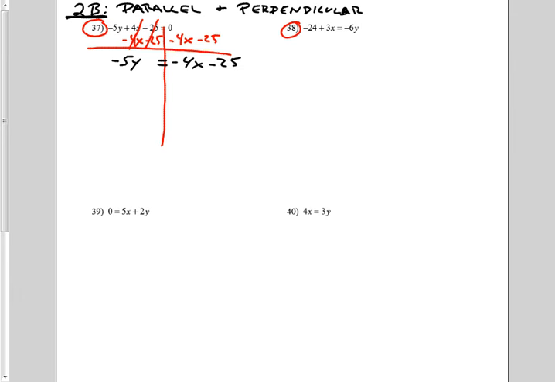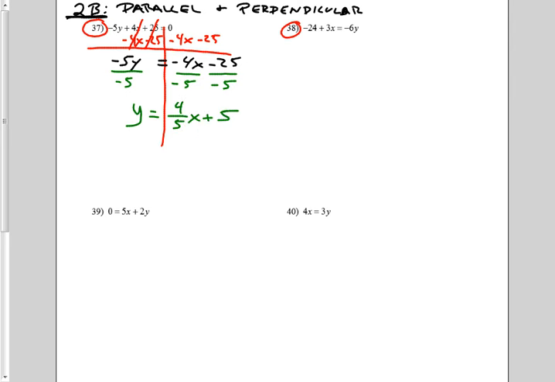Divide by negative 5. And I'm left with y equals, and I'm going to clean up these fractions and simplify as I go. Just know that you can put them in your calculator, hit math, enter, enter. But what I end up with is 4/5 x plus 5.